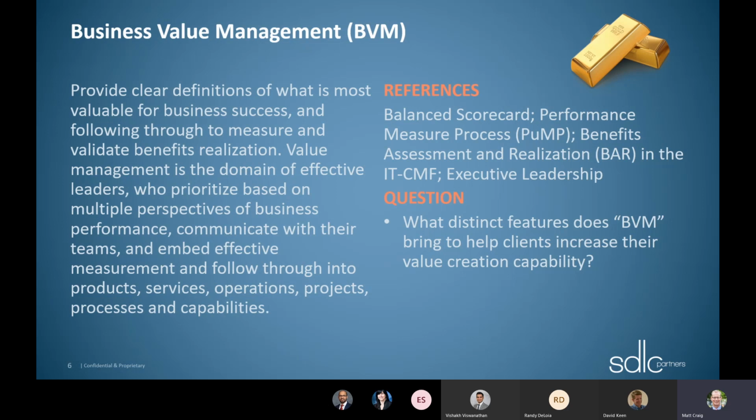So value management, a less well practiced or appreciated domain, I would say, in my experience.